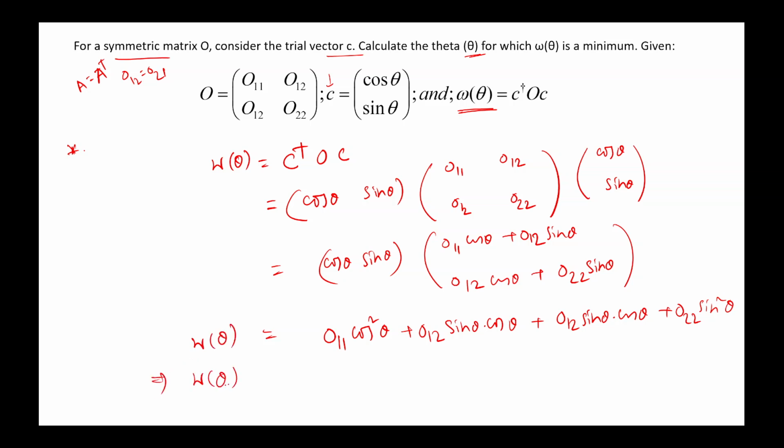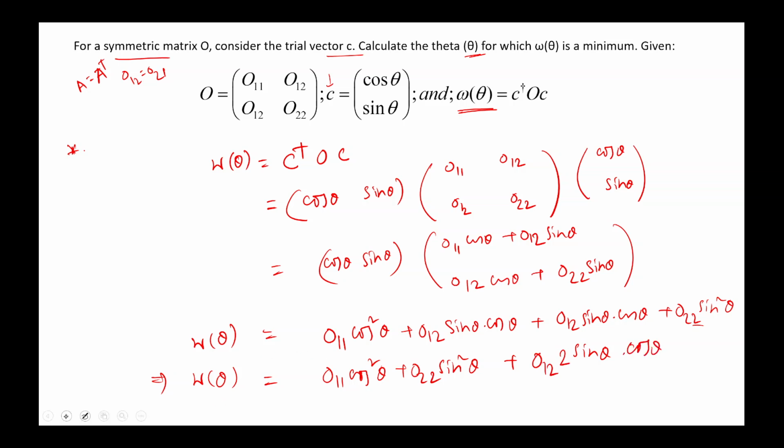Let's make it simple. Now you have O11 cos square theta plus O22 sin square theta, and O12 sin theta cos theta, so you can write it as O12 times 2 sin theta cos theta.